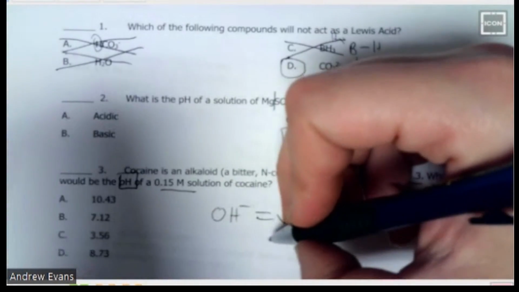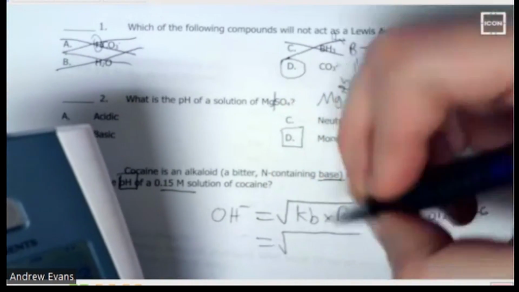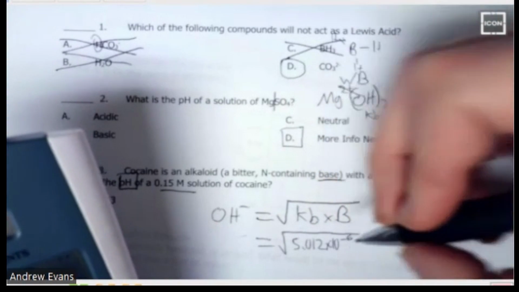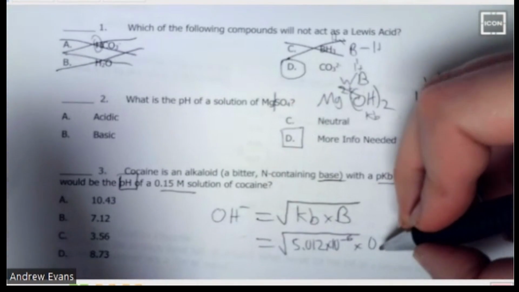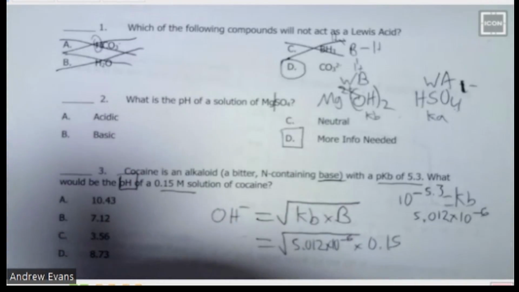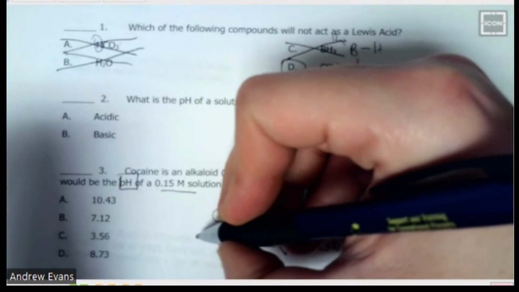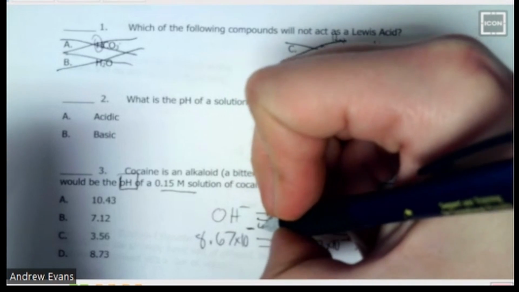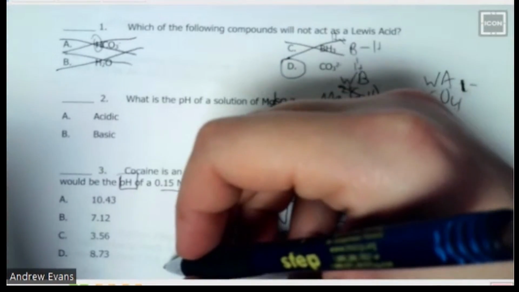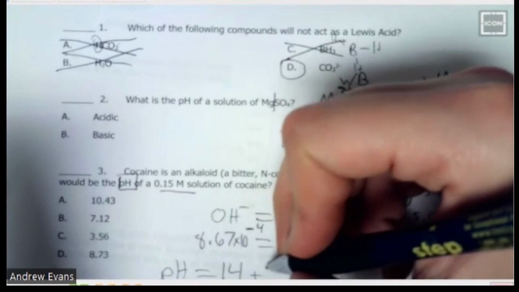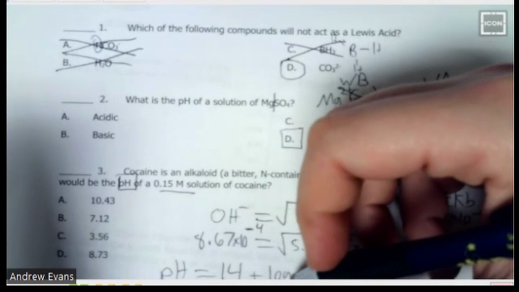So the OH- concentration is equal to the square root of 5.012 times 10 to the negative 6 times 0.15. So square root that, and you have the OH- is equal to 8.67 times 10 to the negative 4. Now, to get pH, you take 14 minus the pOH.